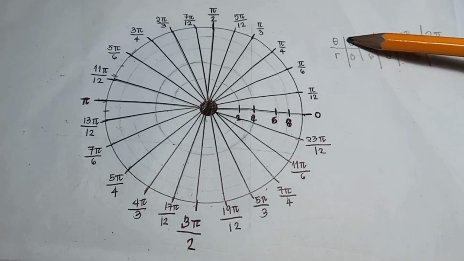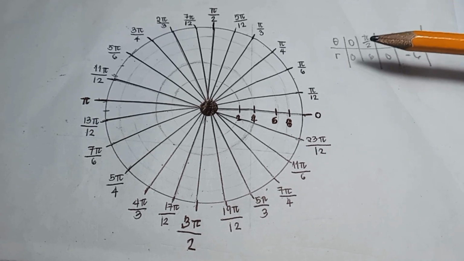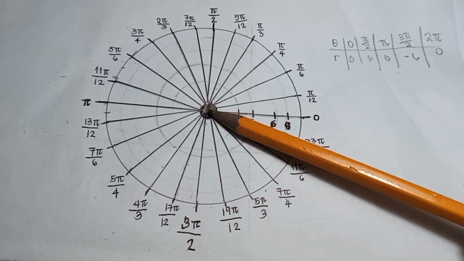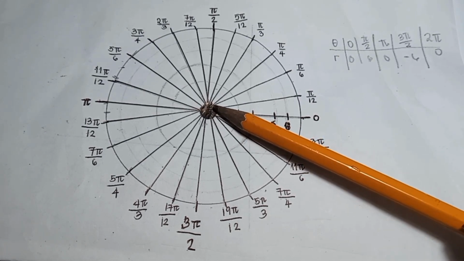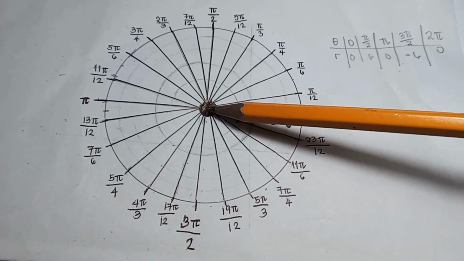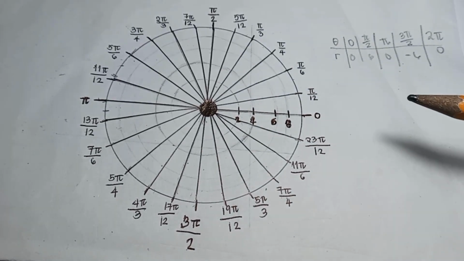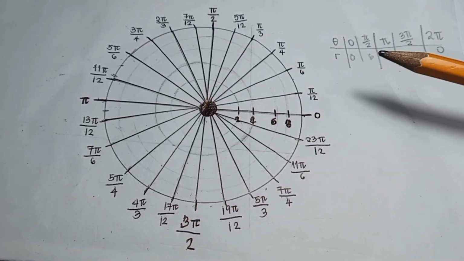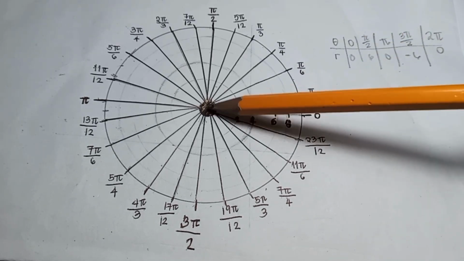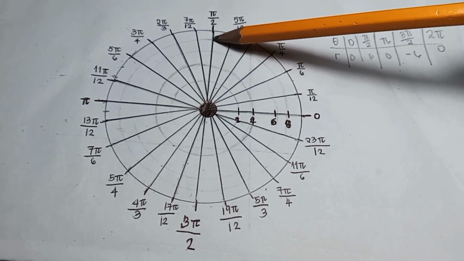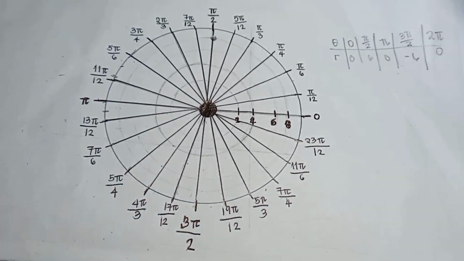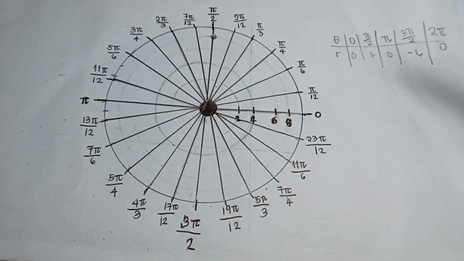So let's plot beside the unit circle the values of theta and r that we made through a table. This point here is the pole of the unit circle, and we also have here the polar axis, or the r, the radial distance of this unit circle. Based on our table, it starts 0 units from the pole at angle 0, but by the time we get to pi over 2, we're 6 units away from the pole.